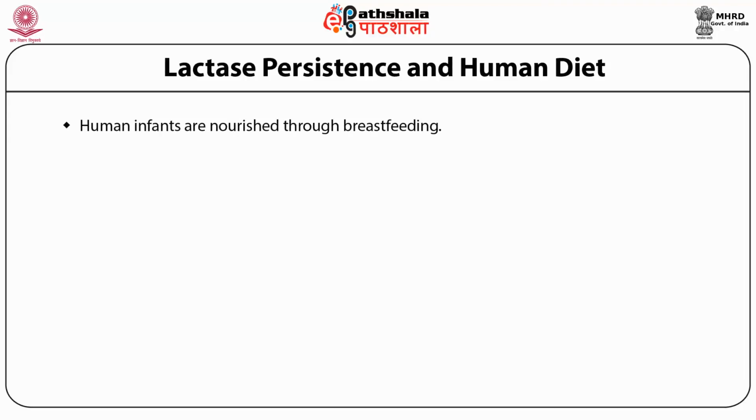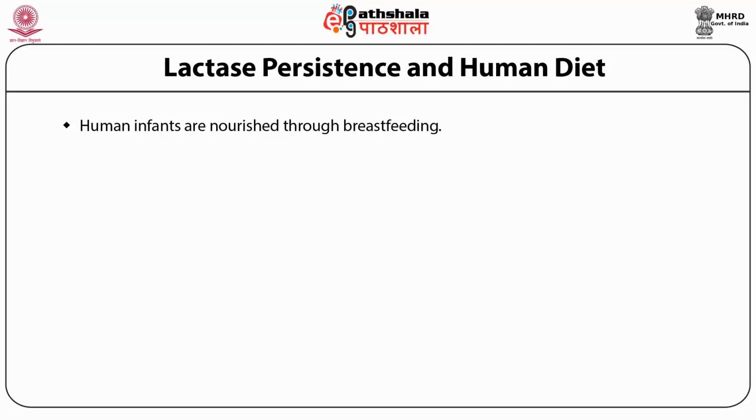Human infants are nourished through breastfeeding. Infant mammals produce the enzyme known as lactase, which allows lactose, which is a milk sugar, to be broken down and digested. The typical pattern in mammals is to shut down lactase production after the infant is weaned.